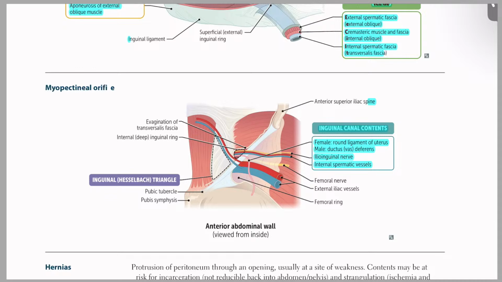Inguinal canal contains, in females, round ligament of uterus, in males, ductus deferens, ilioinguinal nerve, internal spermatic vessels. Femoral nerve, external iliac vessels, femoral ring, evagination of transversalis fascia, internal deep inguinal ring.